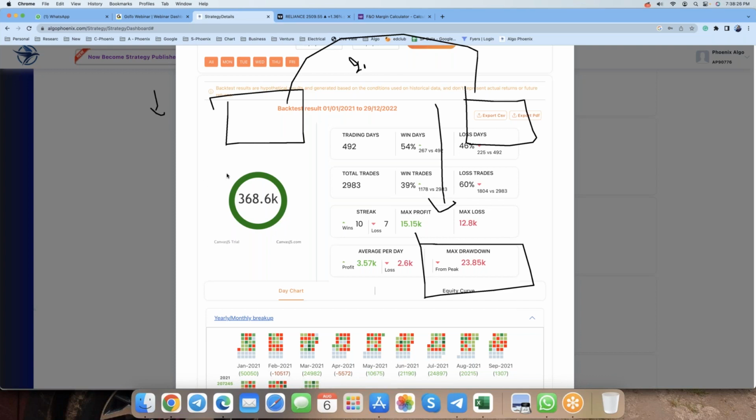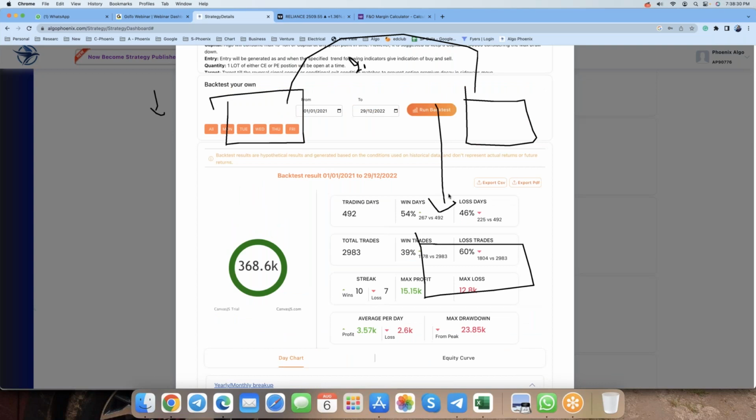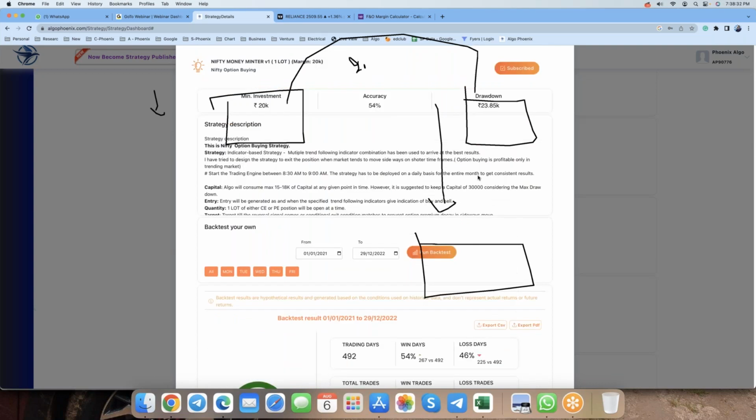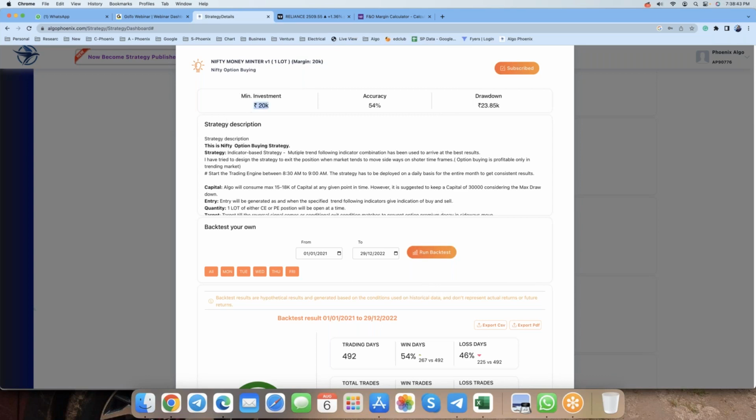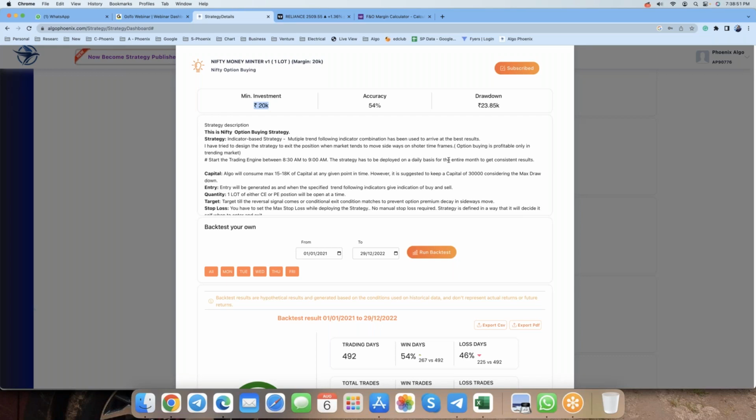So if I deploy with 20k margin required, my entire capital is at risk of getting wiped off. So either this gentleman has to modify the strategy to bring down the drawdown, or he has to increase the capital to 50k, not 20k, so that the drawdown is covered and I still have capital to trade. That is one thing you have to look into.